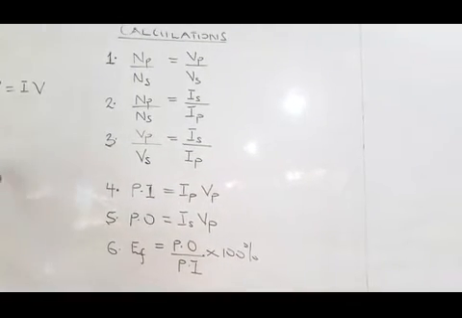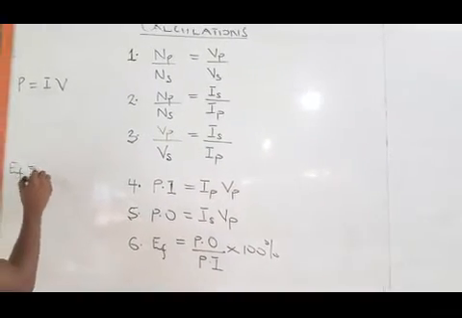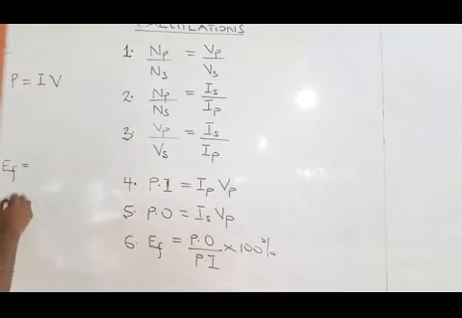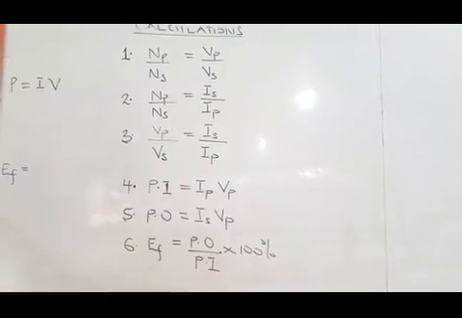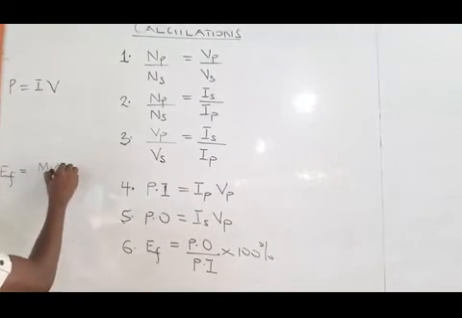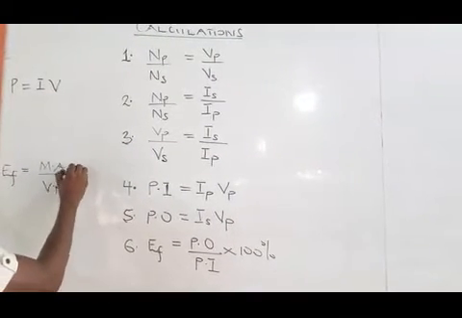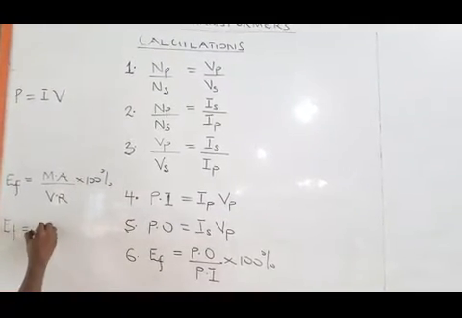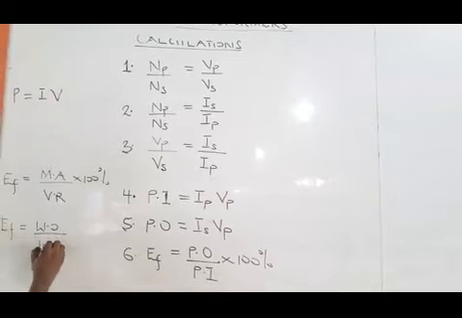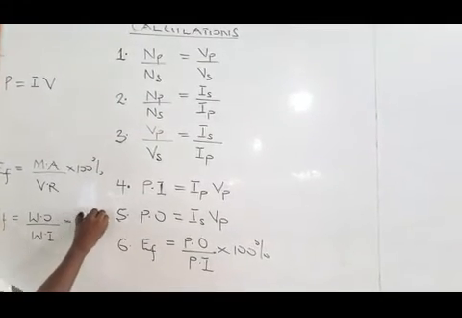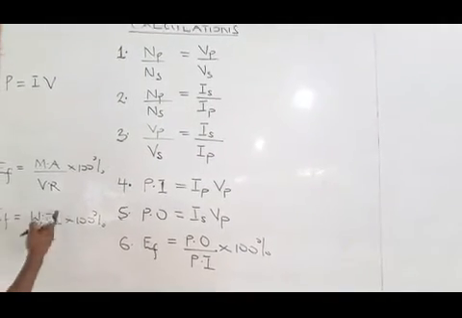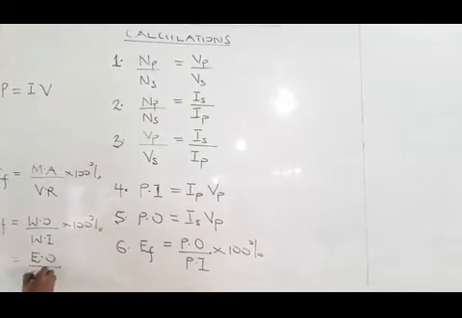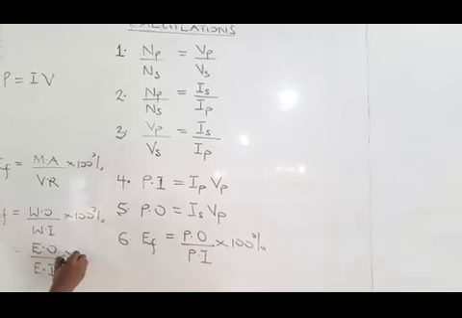If you remember, when we were looking at efficiency under machines, we came across efficiency is equal to mechanical advantage over velocity ratio times 100%. We also say efficiency is equal to work output over work input times 100%. I said that this work output is the same as energy output, so this is the same as energy output over energy input times 100%.